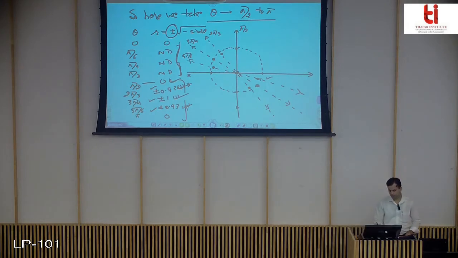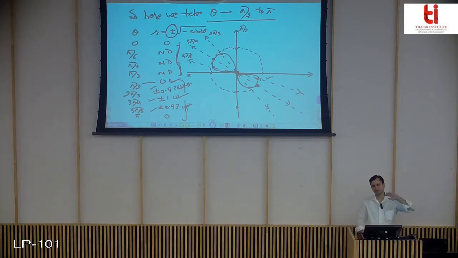Now let us complete the graph. Here you go like this and complete this, and then you go like this and complete this one. So this is the graph of your R square equals minus sine 2 theta. Here you did not use the symmetry, because R is equal to plus minus.